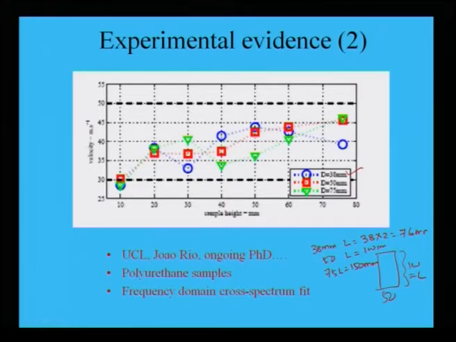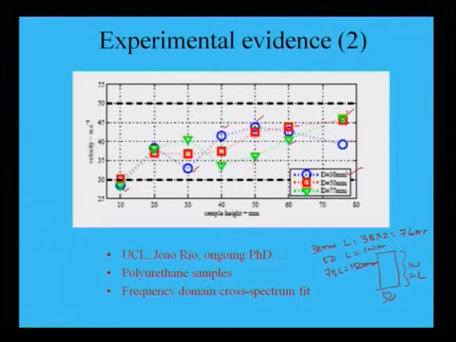If I look at here, this is your sample height of 76 mm and this is your 75 mm sample height. How the wave propagates for the sample height with time, how the shear wave velocity is varying.